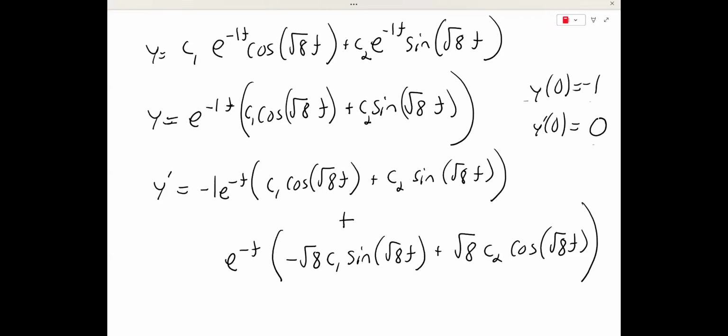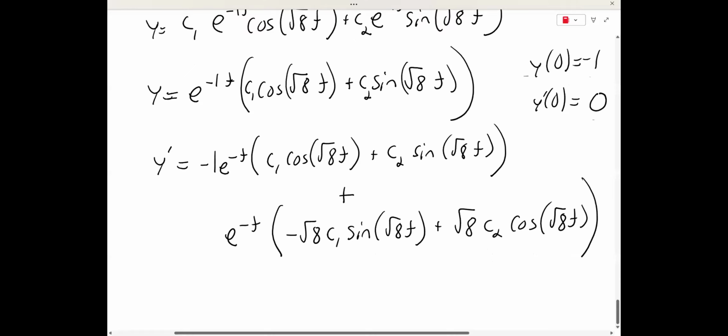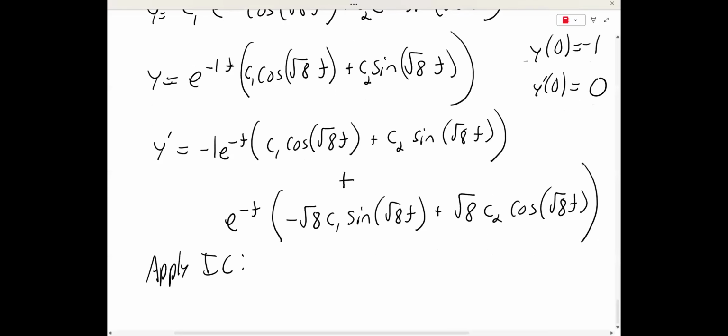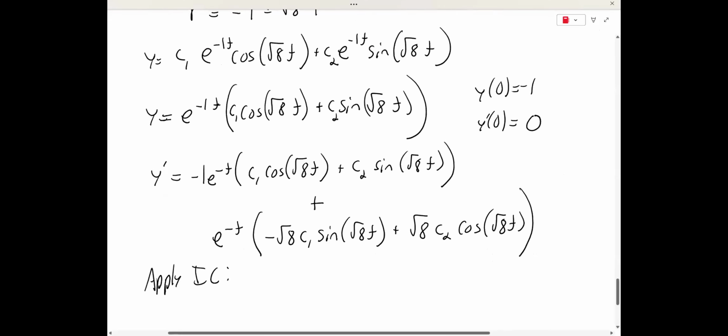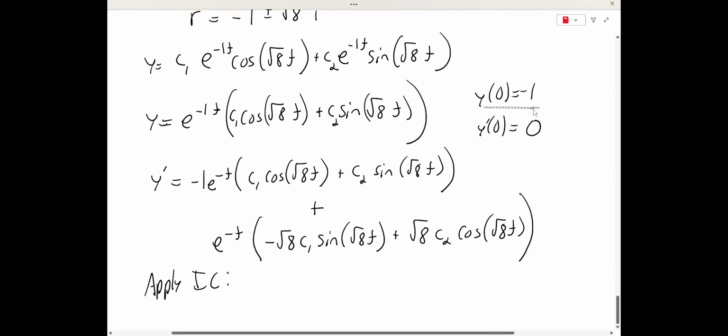That looks right. Okay, so now apply the initial conditions. If you apply the initial conditions, I get y of 0 is -1. That's this one. So if I put in 0, I get -1 equals, hopefully things go away.